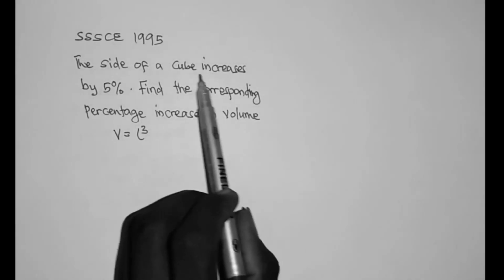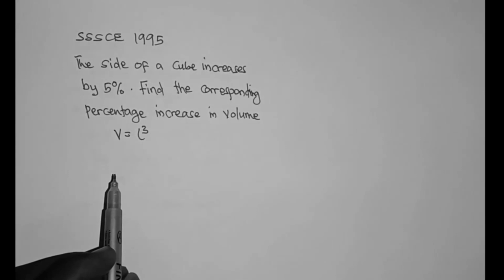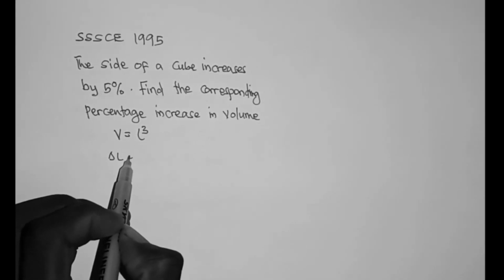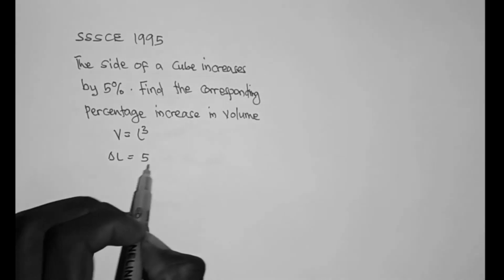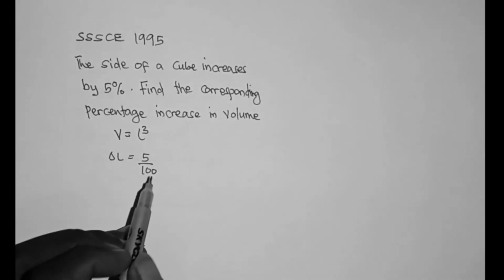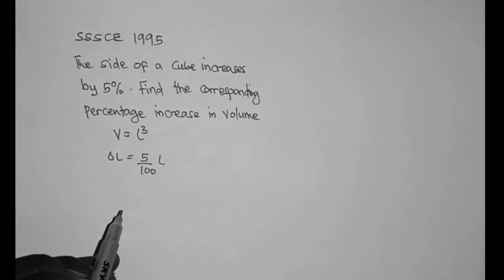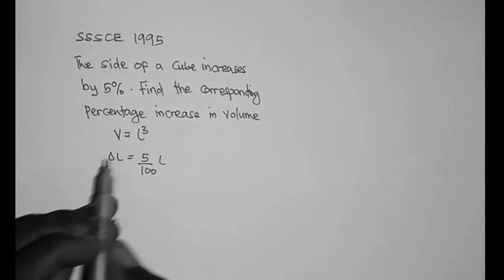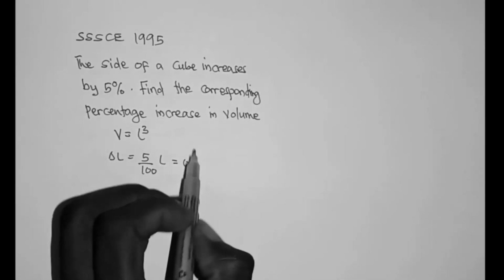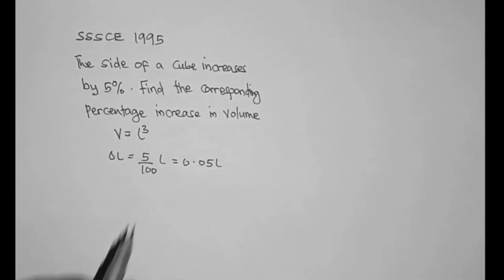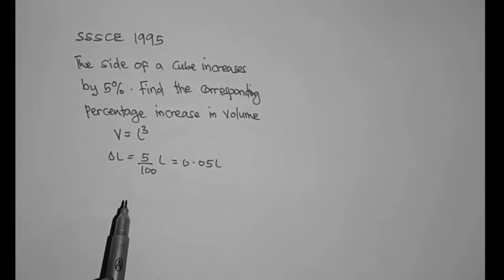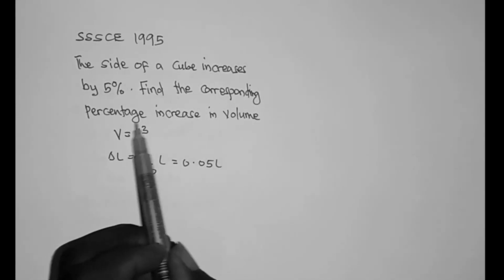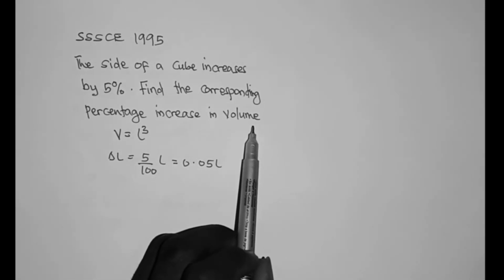Then the question says that the side increases by 5%. It means that the increase in length is equal to 5 divided by 100 times the original length L, which is equal to 0.05 L. Now, the question is asking us to find the corresponding percentage increase in volume.